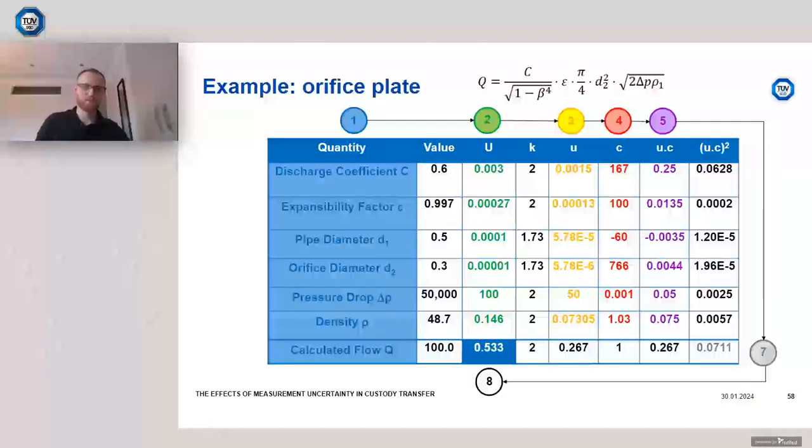So what we're saying by our result there is that there's just above a 95% chance that the true value lies somewhere between 100 minus 0.533 and 100 plus 0.533.